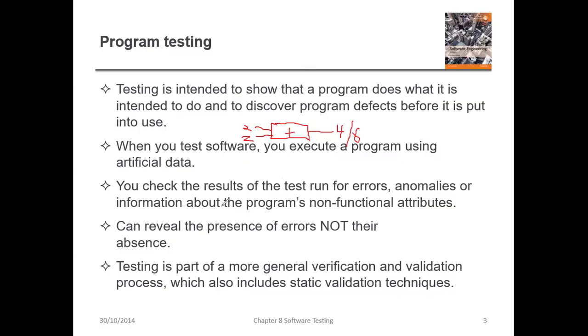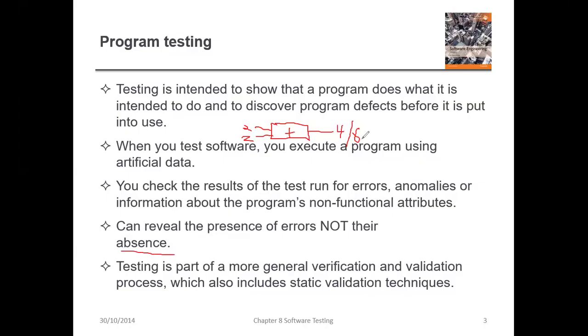If we test it and we get correct results, it does not mean that there are no errors in the system. Okay, even though you are getting the correct result, which is 4, you can't conclude that there are no errors in the system. That is what is written here. That if you perform this test, it can reveal the presence of errors.